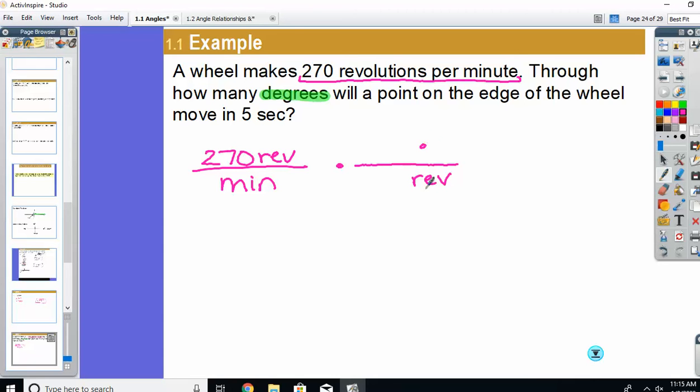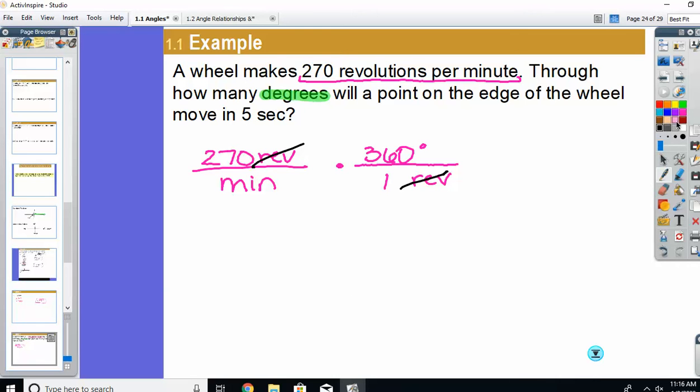So I'm going to put my degrees on top and my revolutions on the bottom. So what's the conversion? 1 revolution is equal to how many degrees? So I'm going to put 360 degrees on top and 1 revolution on the bottom. Right now what this would do is cancel out my revolutions. So right now my units are degrees per minute.